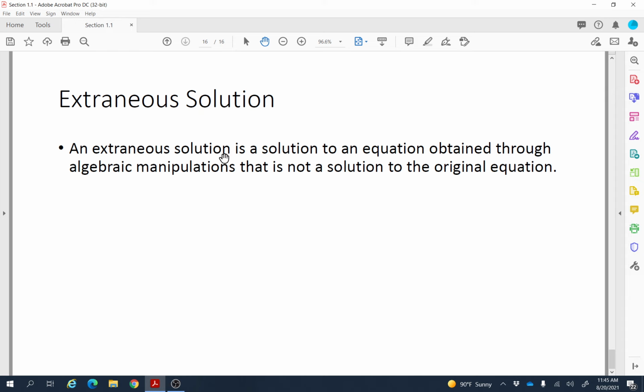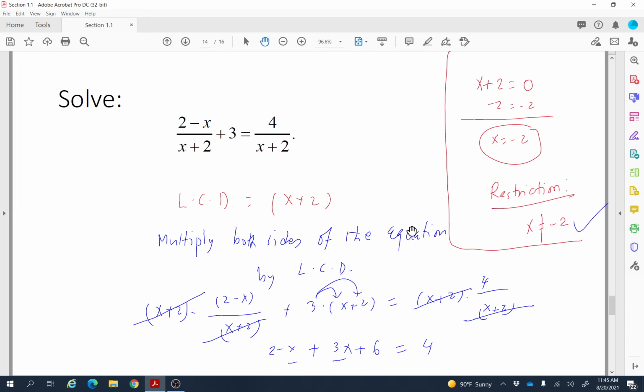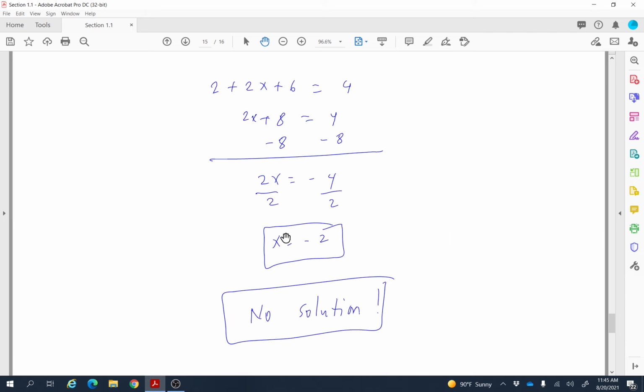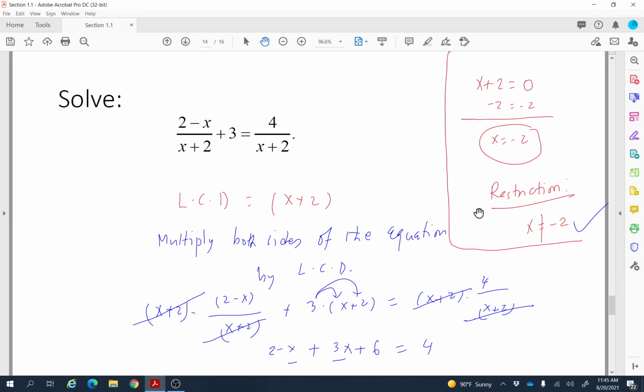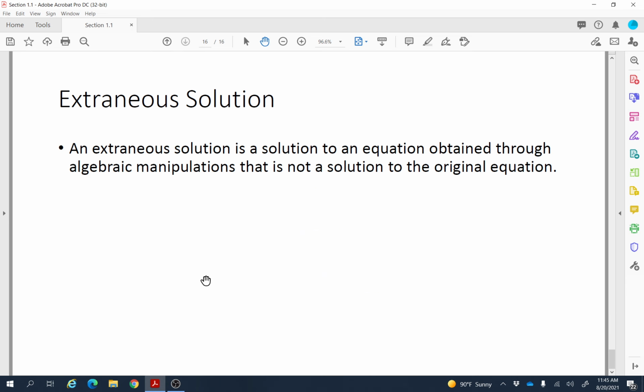An extraneous solution is a solution to an equation obtained through algebraic manipulations that is not a solution to the original equation. Here we got x equal to negative 2 because of the algebraic manipulation of multiplying both sides by the LCD, but we cannot accept it because of this restriction. So x equal to negative 2 is called an extraneous solution. That's section 1.1.